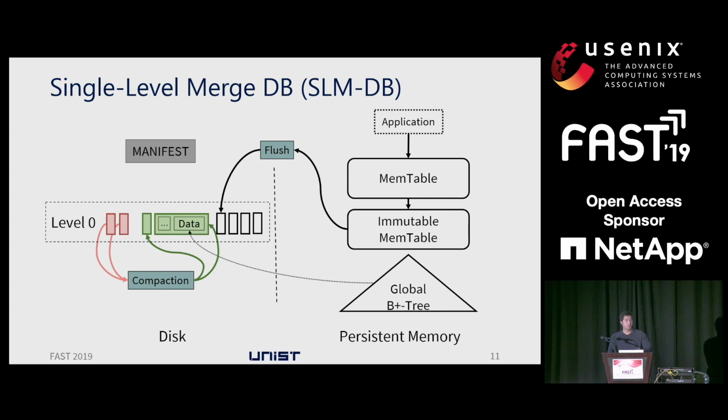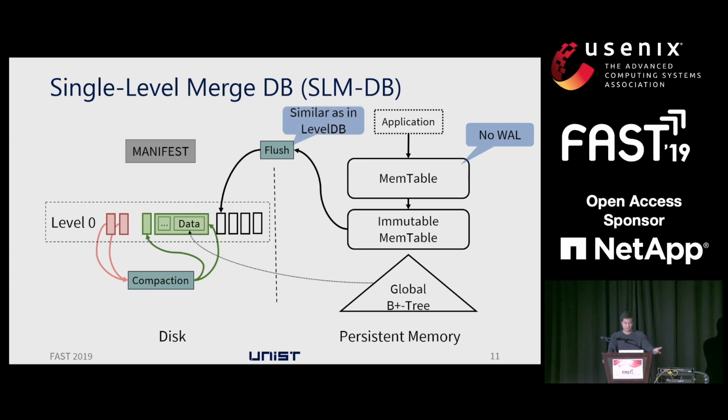This is a more detailed architecture of our work. As in LevelDB, we have a mem table and an immutable mem table. Because they are stored in persistent memory, we don't need any write-ahead logging.